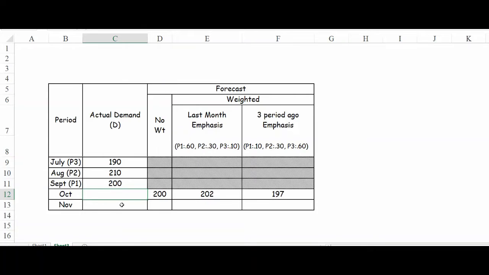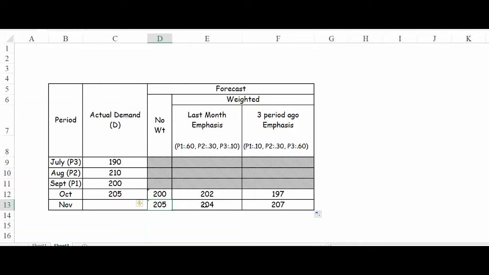All right, let's just say for argument's sake that in October we ended up at 205. Then that tells me that, strangely enough, the no weight one says in November we should run the same thing we did in October.